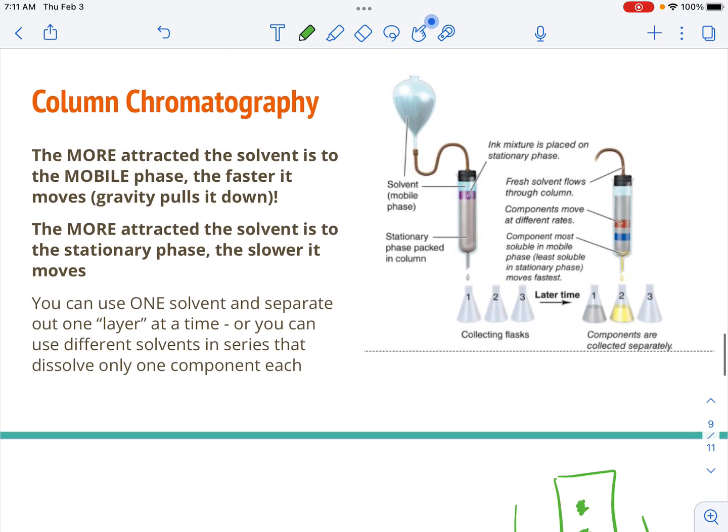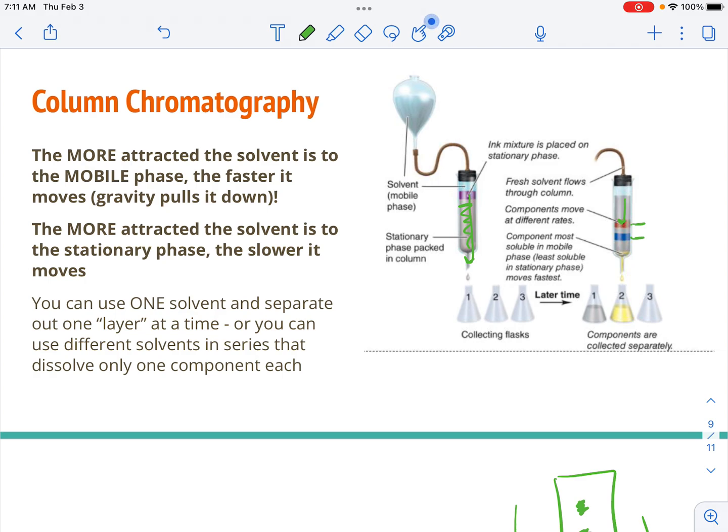We're going to do that now in a column, and it works very much the same way. The stationary phase is just the solid packed in the column, and then your solvent either forces the mixture through or forces it part way through where it's still attracted to the column. And you'll see how this works when we do it in the lab.